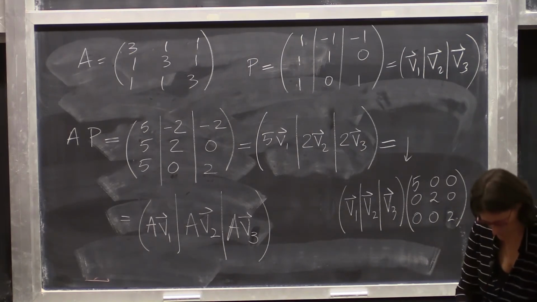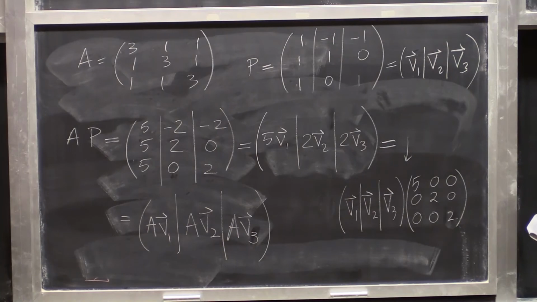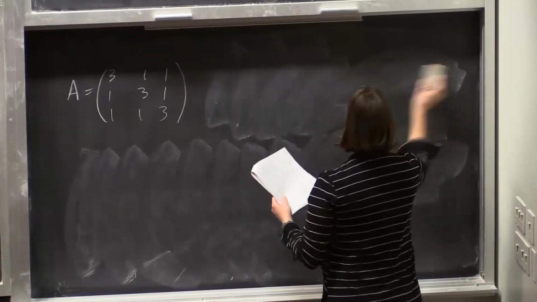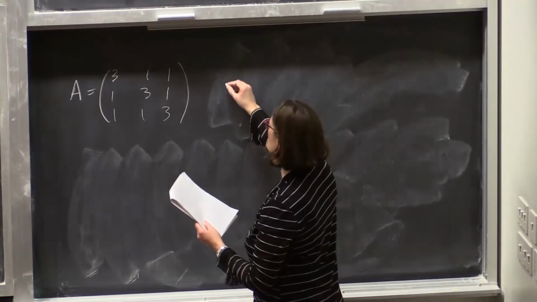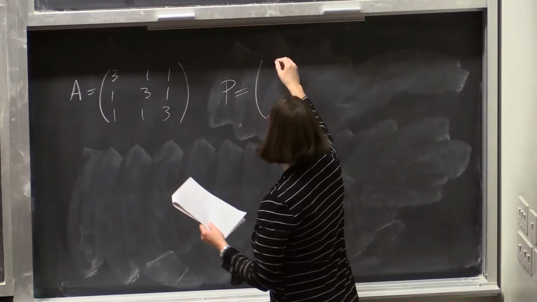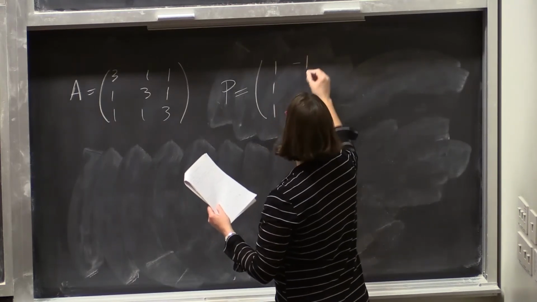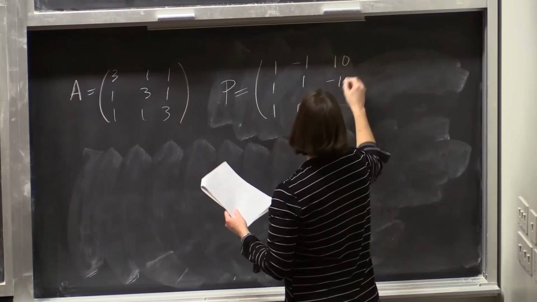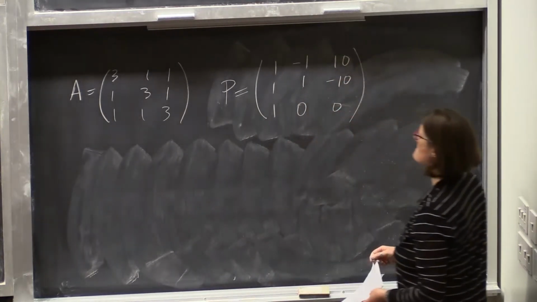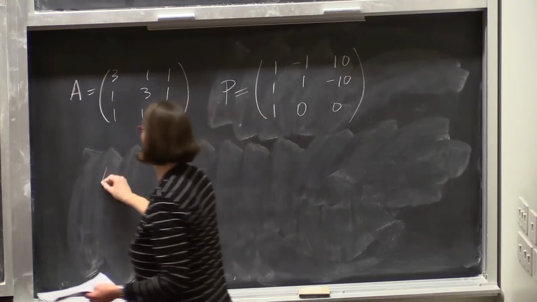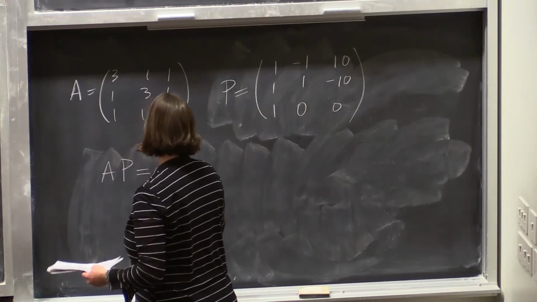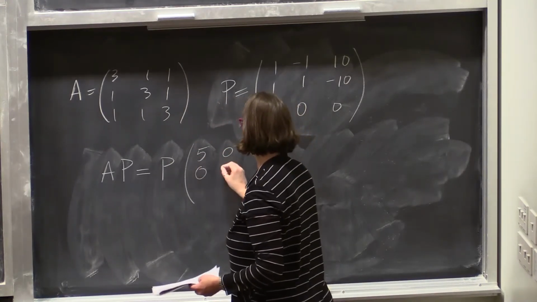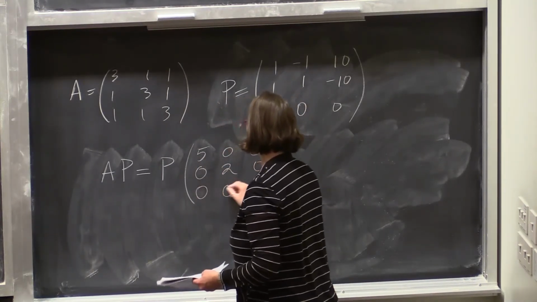All right, one last example. So what if I had said this matrix, and I had said P is 1, 1, 1, minus 1, 1, 0, and 10, minus 10, 0. I can check that A times P is equal to P times 5, 0, 0, 0, 2, 0, 0, 0, 2.